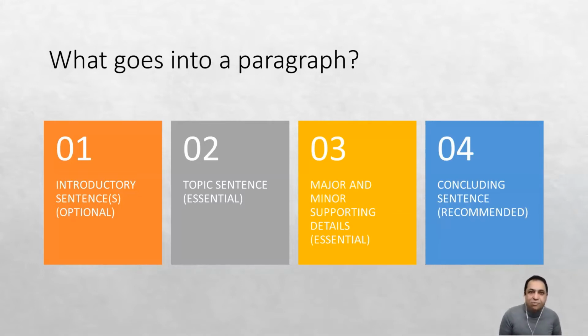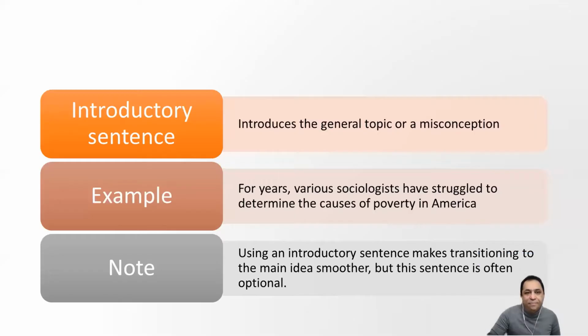This sentence needs to be well supported with details, major and minor details. And some paragraphs have a concluding sentence. Ideally, it's a good idea to have a concluding sentence at the end, but not everybody puts one there.